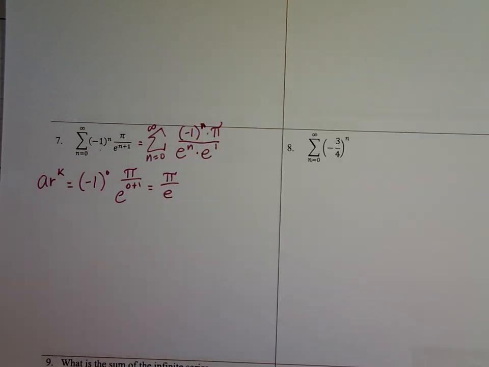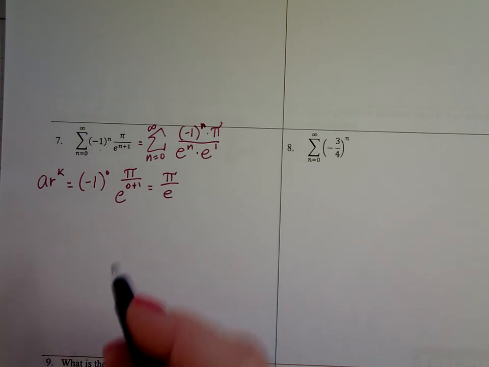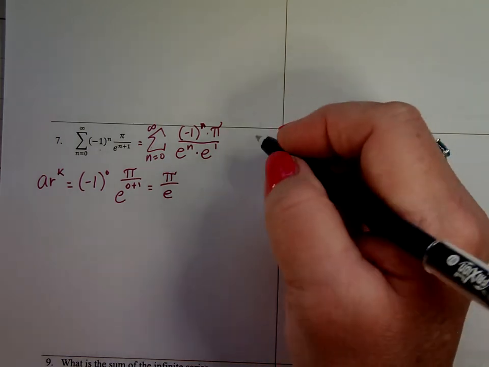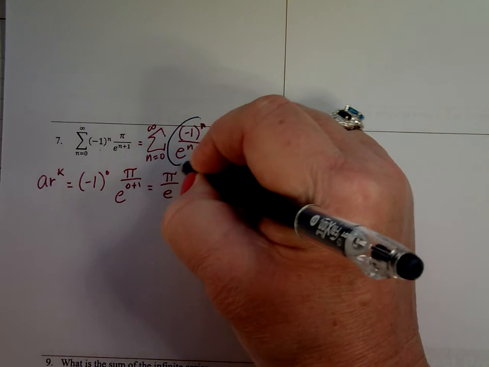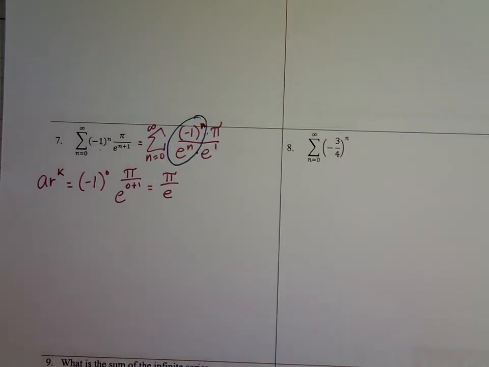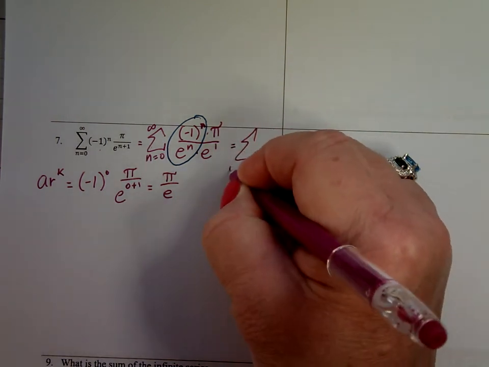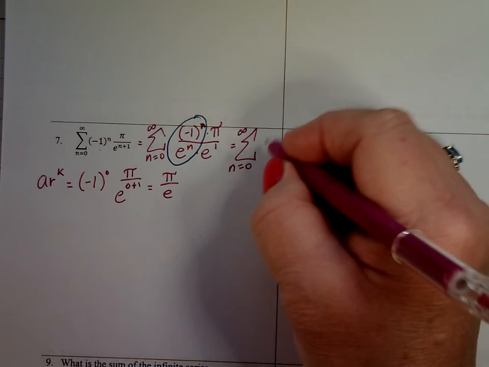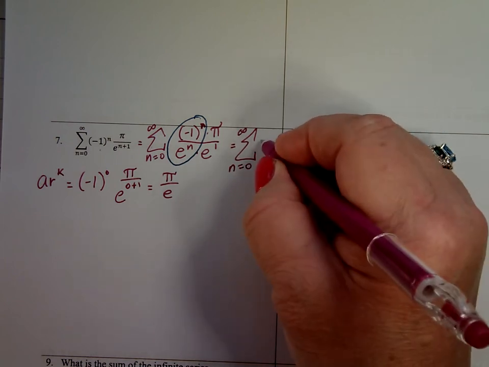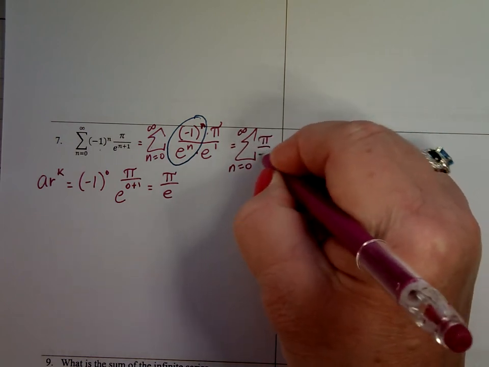You can kind of see how this is going to create your ratio. So here's what it actually is going to look like when you finish putting the summation together. You're going to have an a value of pi over e, and then that's this part.